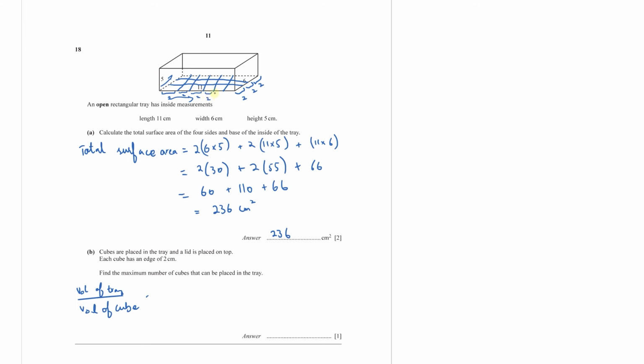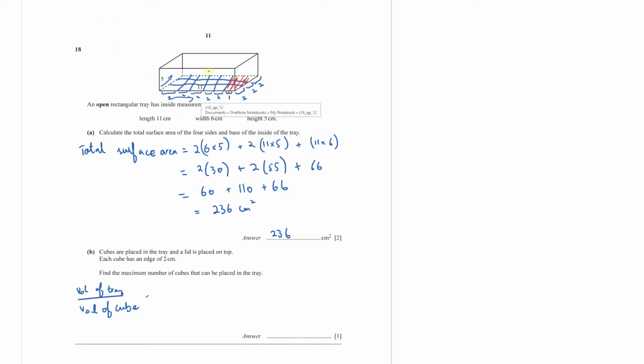So there will be 5 such columns, and this last one remaining is 1, because your total length is 11. So 2 plus 2, 4, 6, 8, 10, and then this last one is 11. So this area marked in red here will be left empty, because you cannot fit a cube here that is 2 centimeter in length, but the length remaining here is 1 centimeter.